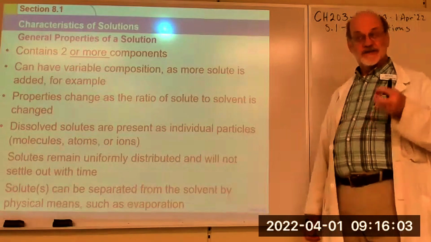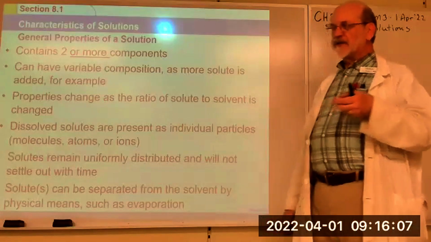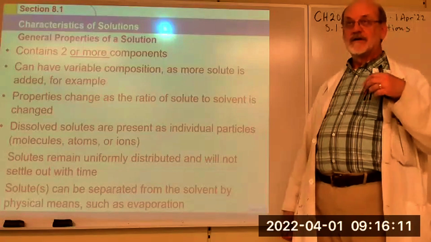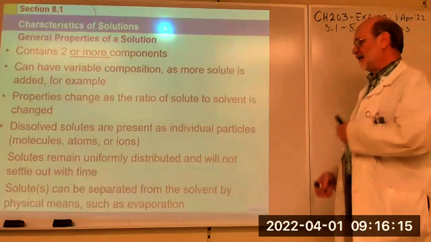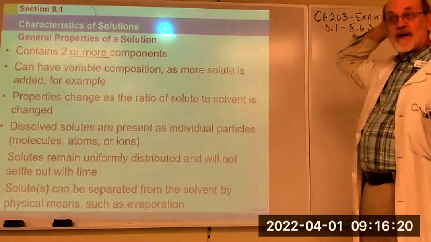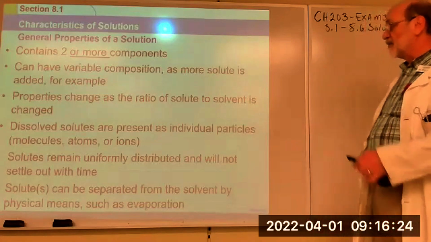Actually, your blood is an odd mixture. It's a suspension, it's a colloid, and it's a solution. It's all three together. So that's probably not a good example for our chemistry. It's a little too complex. But you can have more than two components, is the point.